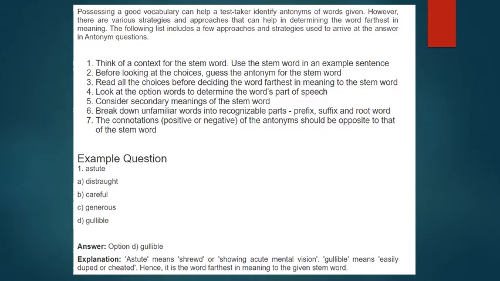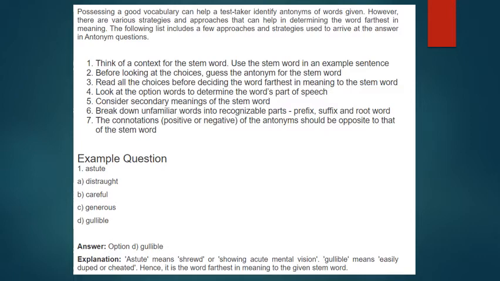First clue to you, think of a context for the stem word. Sometimes that stem word will be given in a sentence. Then you can always find out its contextual meaning, and from that you can interpret its meaning. So use the stem word in an example sentence.